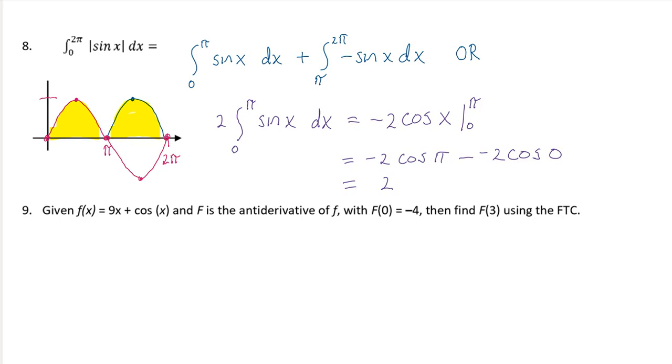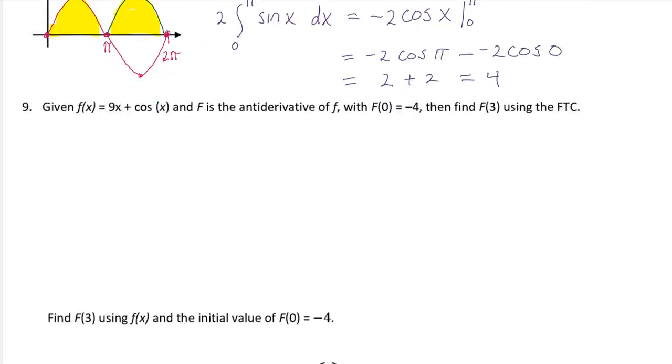And then we're going to subtract cosine of 0, which is 1, and 1 times positive 2 is 2. So we would have 2 plus 2, which is going to equal 4. Okay, so if I did that correctly, we should end up with 4 there.